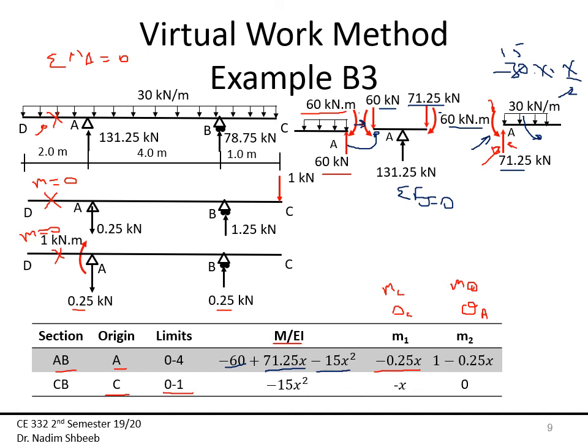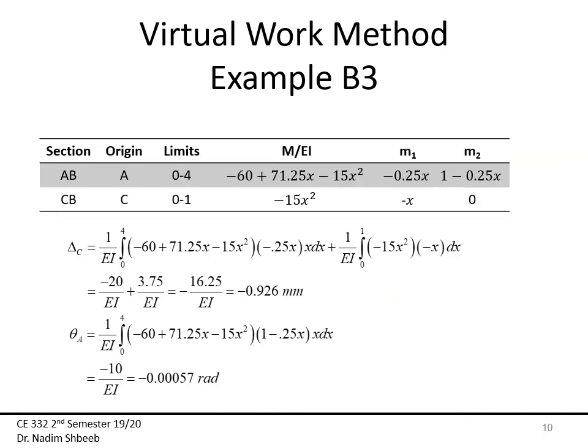Okay, as far as this one goes, again the origin is at C, so this is going to be my 30 kilonewton meters. This is the force, so this is going to be my moment, and again this is just simply 30 times x over 2, which will lead to minus 15x squared. Okay, so simply doing the integration now, and that's what I meant when you have multiple terms.